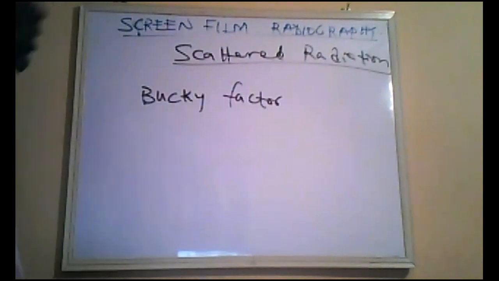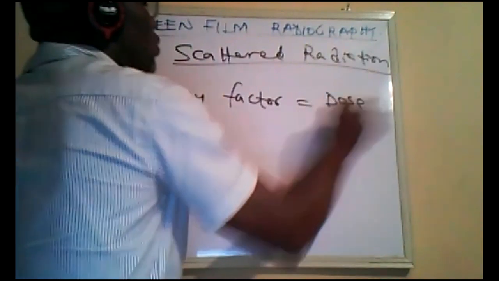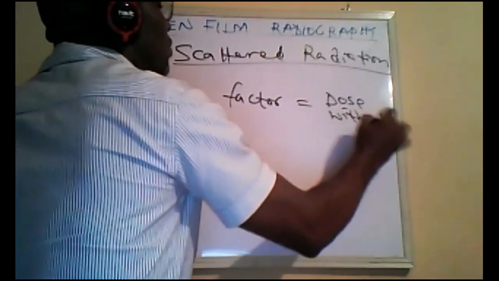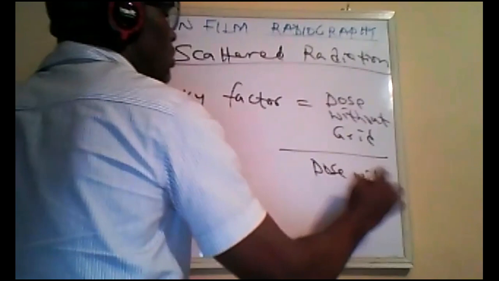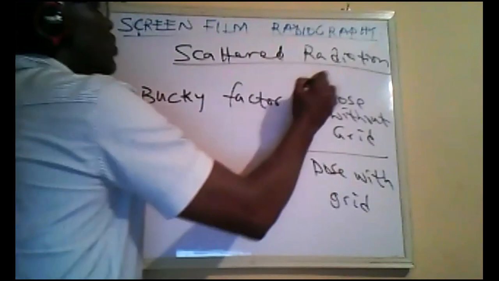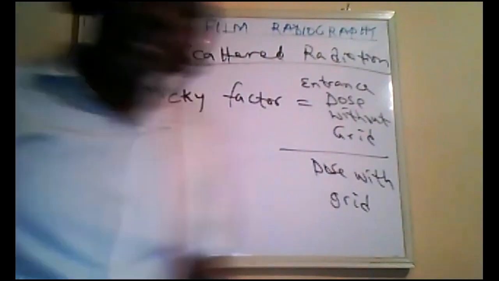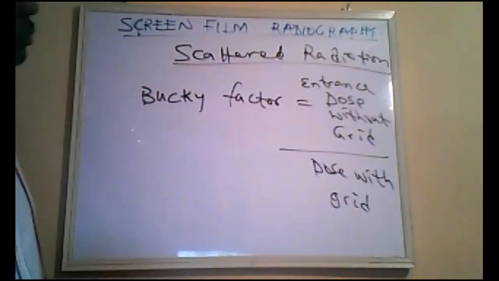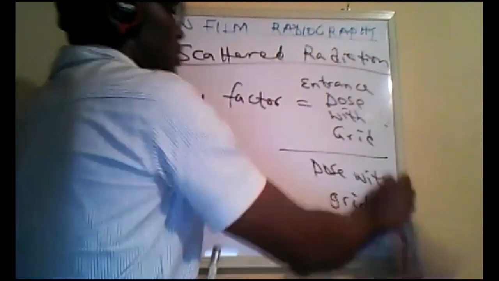Bucky factor is the ratio of the entrance dose with grid over the entrance dose without grid.